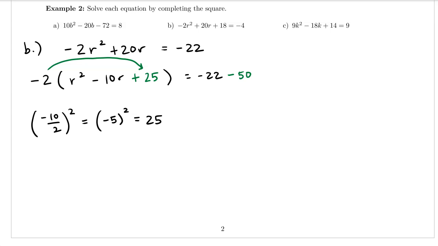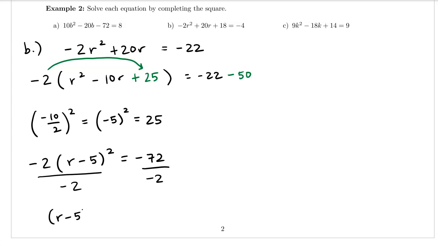Okay, so now I get negative 2 times (r minus 5) quantity squared is equal to negative 72. From here, we're going to divide negative 2 on both sides, and that's going to give us (r minus 5) quantity squared is equal to 36. Then we can take the square root of both sides.